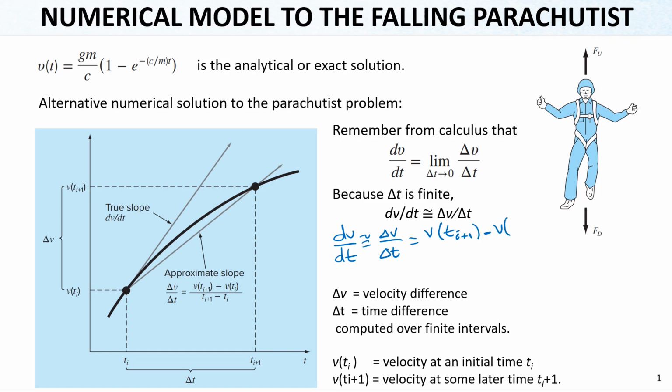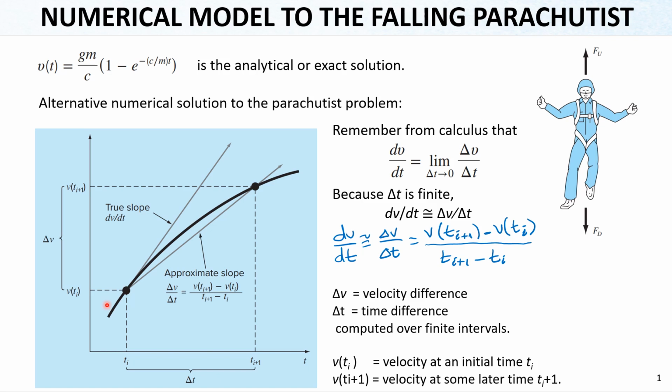The difference of the velocities between ti and ti plus 1 is delta v, and delta t is ti plus 1 minus ti.